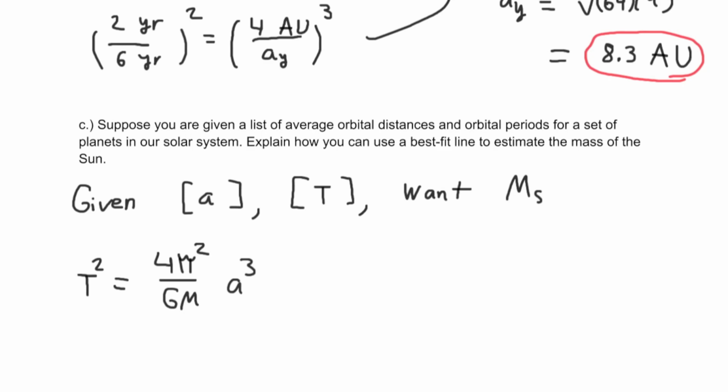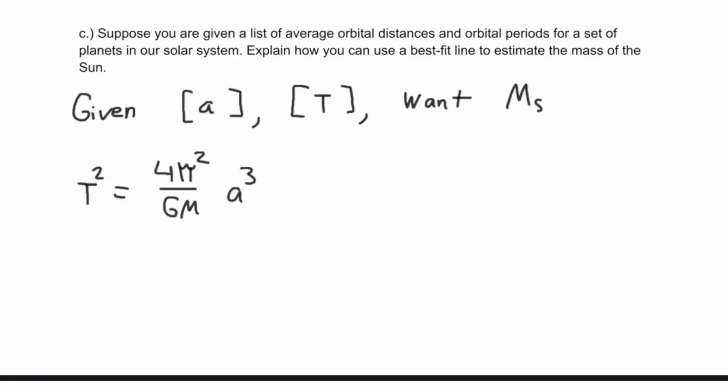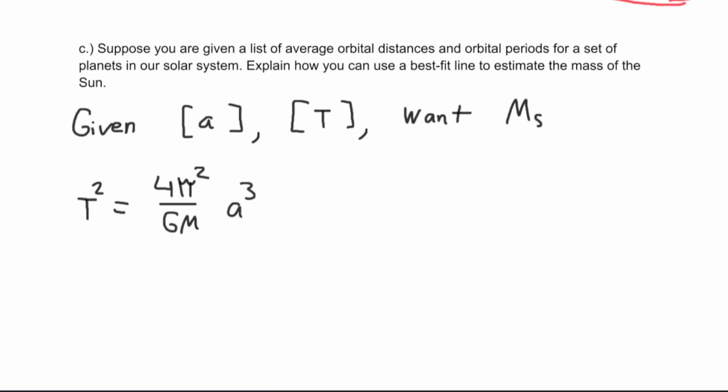So now to figure out what to graph, there are multiple options. I would start just by getting everything that is a variable over to one side, because we want to set up a rise over run situation. So A and T are our variables. So I'm just going to divide by A cubed to get all the variables on one side.